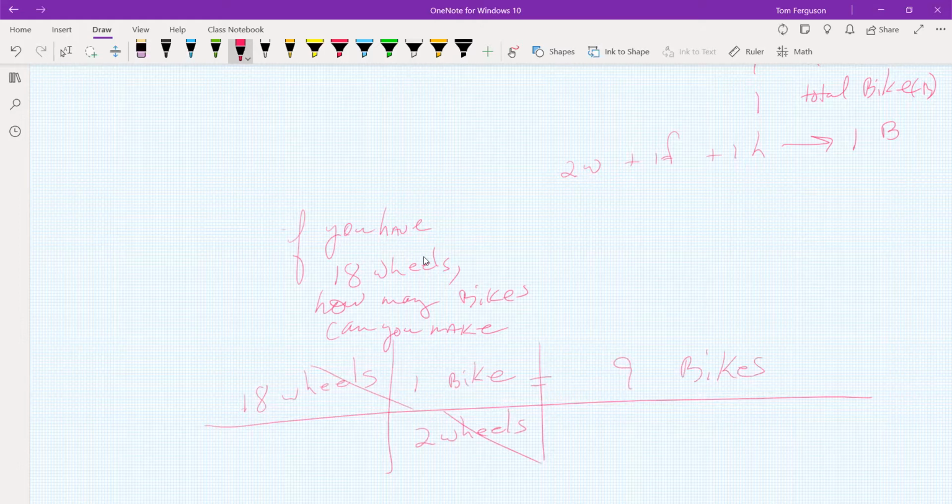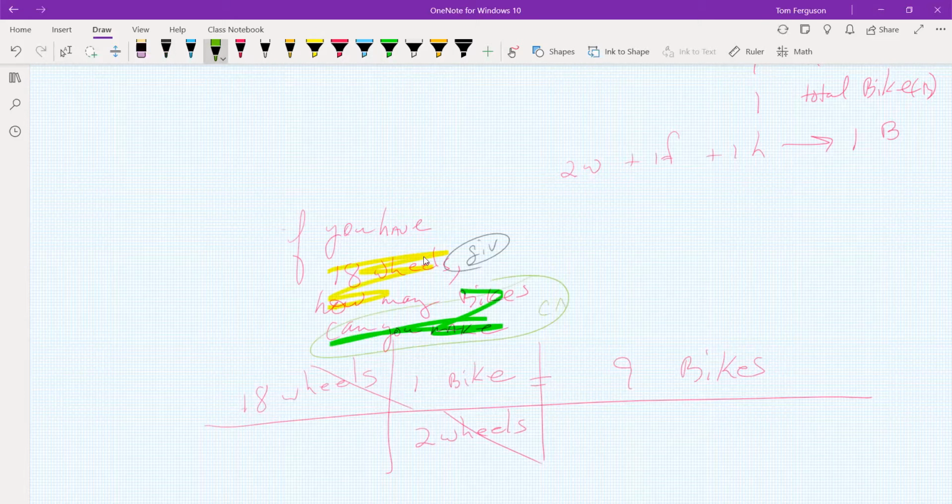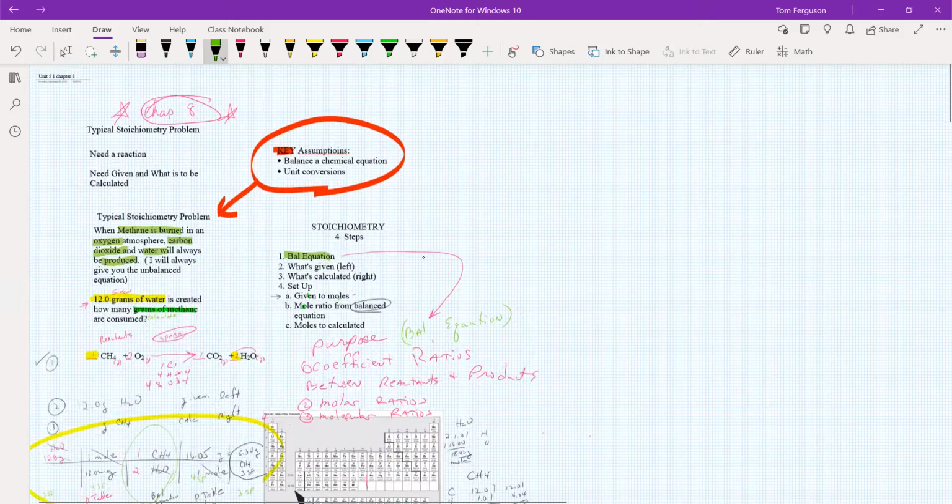So we have the given, and calculate it. The process is exactly the same. You're doing this in your head, but the process by which you're going through logically is this.